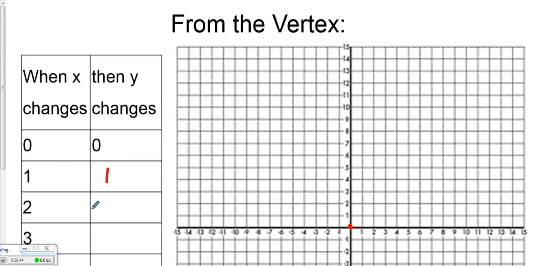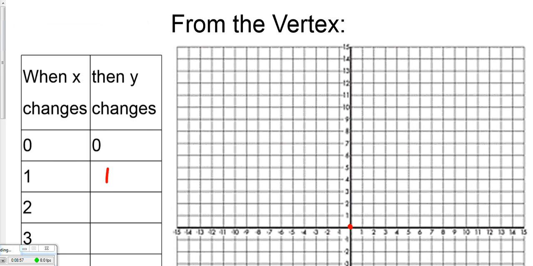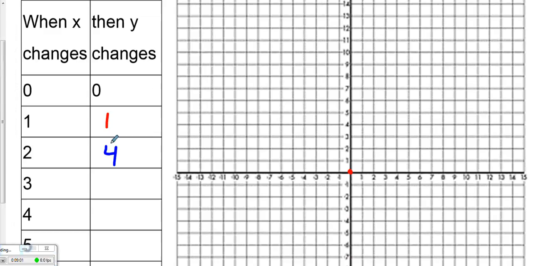As x changes 2, my y is actually changing, oops, wrong direction. So as I come 2 over, my y is actually going up 4. Oops, too much again. So as my x goes over 3, my y is actually changing by 9.